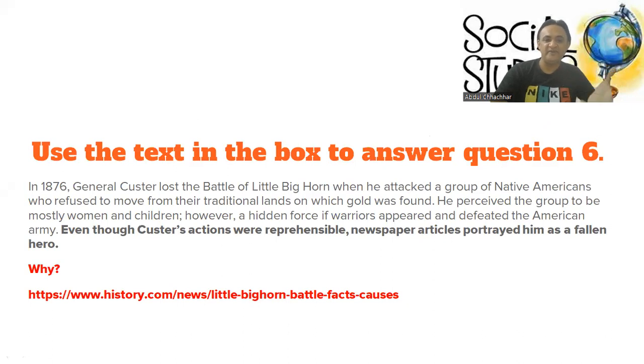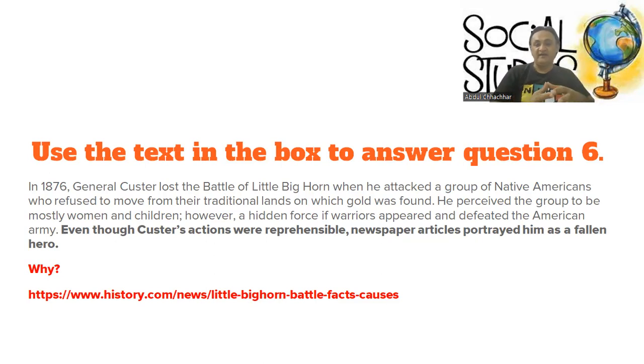So the paragraph is given, you can read it, but the background information depends on your knowledge. Apparently he saw that there were only women and children, so he thought he could easily conquer or invade the area. But it was a decoy, and behind it there were a lot of soldiers, warriors, a hidden force.